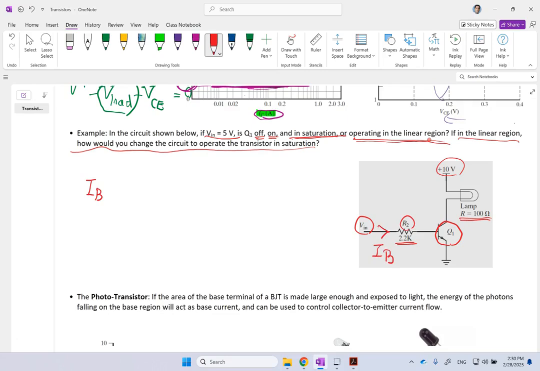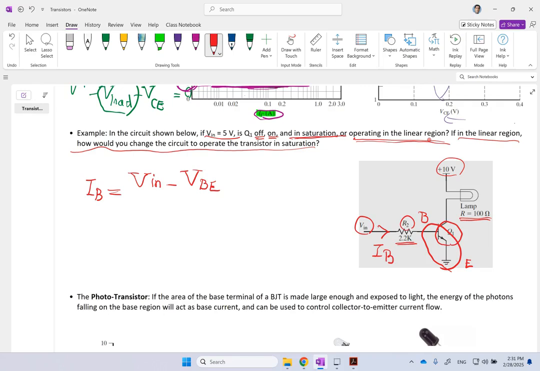Well, I of base is equal to this V in, which is on its left side, minus the voltage that you need here between base and the emitter, so V base emitter, which is the same as V of base, right? Because your emitter is 0.